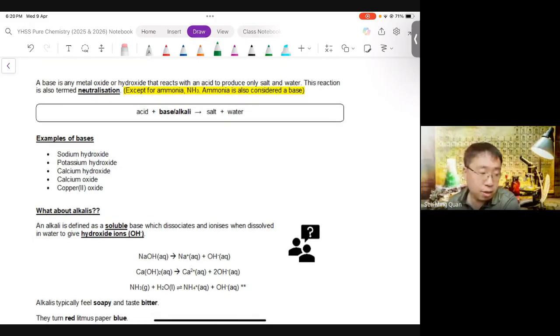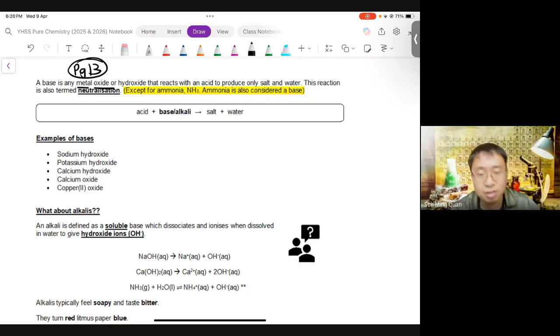All right, page 13. So let's move on in the last 10 minutes to bases and alkalis. So just now we said what is a base. A base, this is page 13, by the way, is a metal oxide, so zinc oxide, magnesium oxide, calcium oxide, or a metal hydroxide.